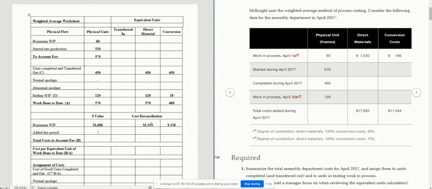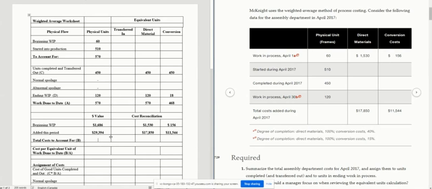And how much did I add this period? Well, they tell us that over here. $17,850. And what is it, $11,544? Add them up, and what do we get? 29,394, is that right? Yeah. Sounds good, thanks.